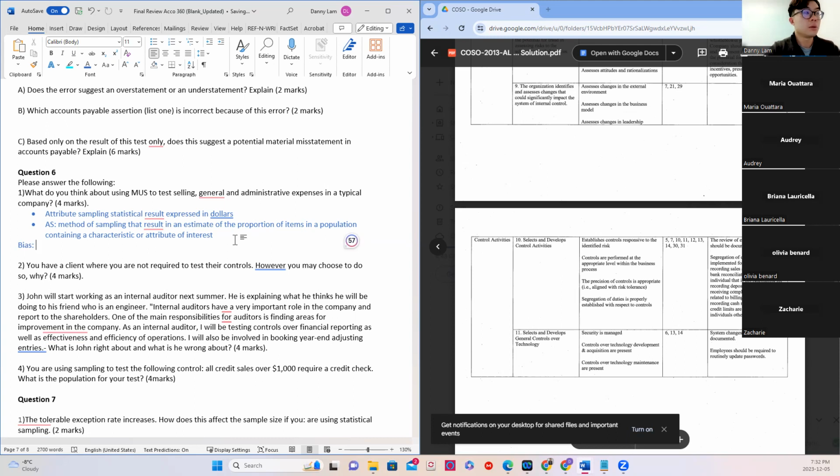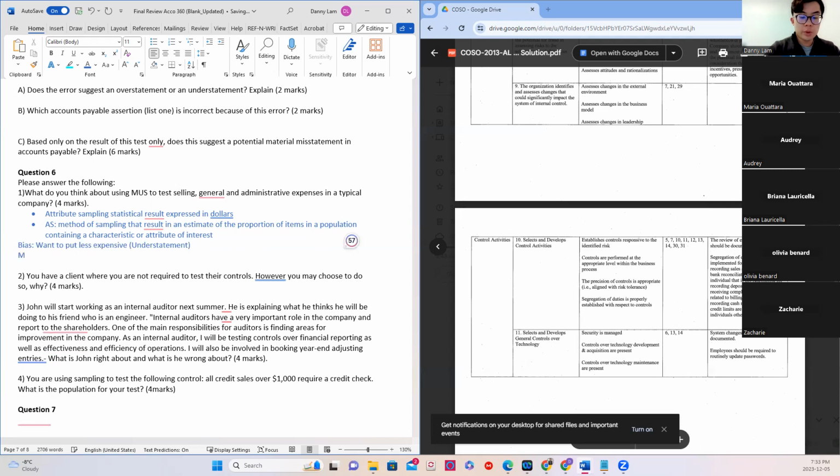Less expenses, so there's a bias, so they would want to understate them. So you're afraid of understatement. That's why you want to check, right? They want to lower the expenses.